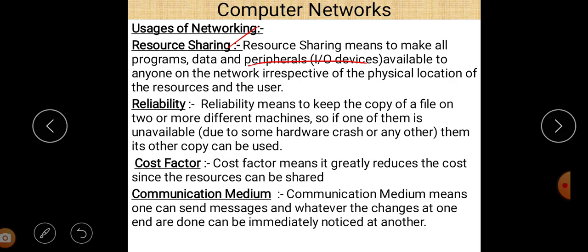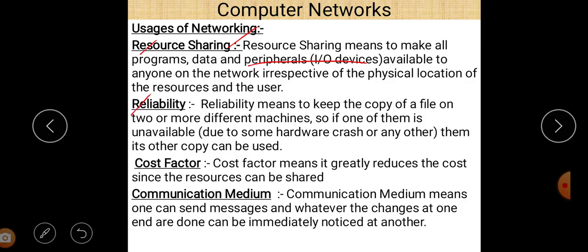So resource sharing means to make all programs, data and peripherals available to anyone on the network irrespective of the physical location of the resources and the user. That is called resource sharing. That is the first main use of networking.